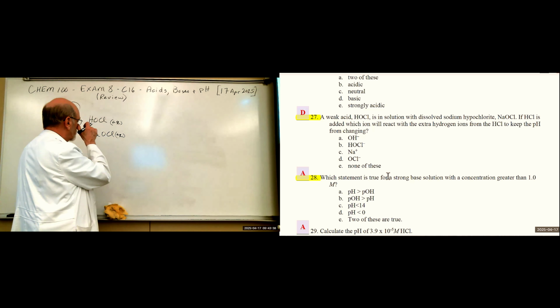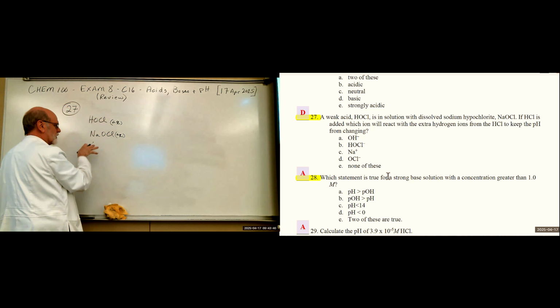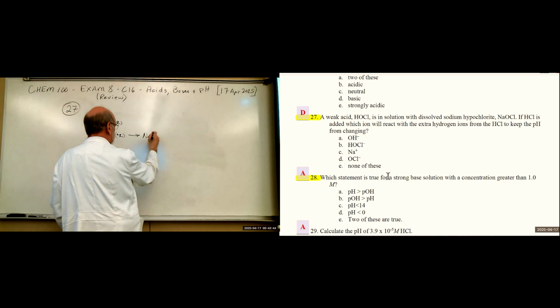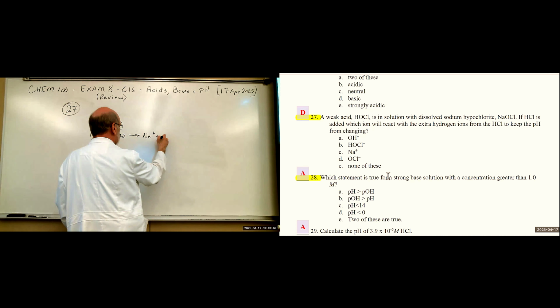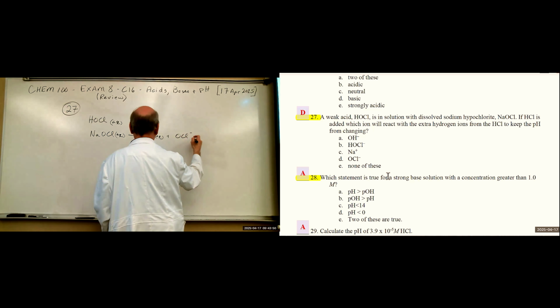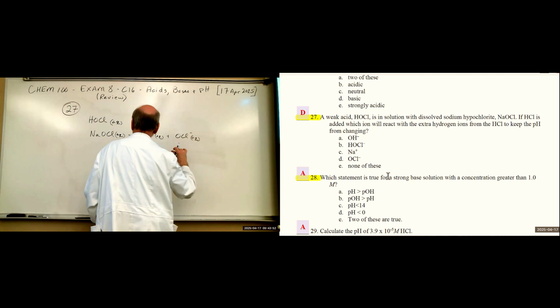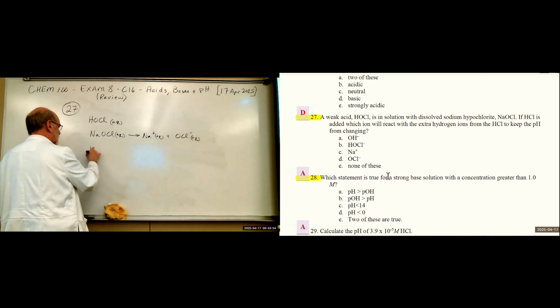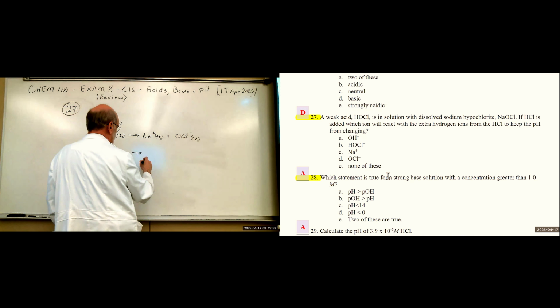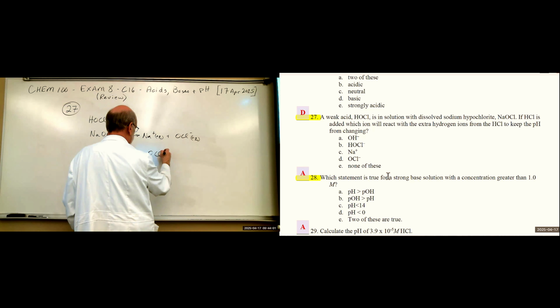All right, if we look at this problem, if we put these two together in solution, this one is going to dissociate into hydrogen ion, sodium ions and hypochlorite ions. So in solution, we're looking at this acid and this base.